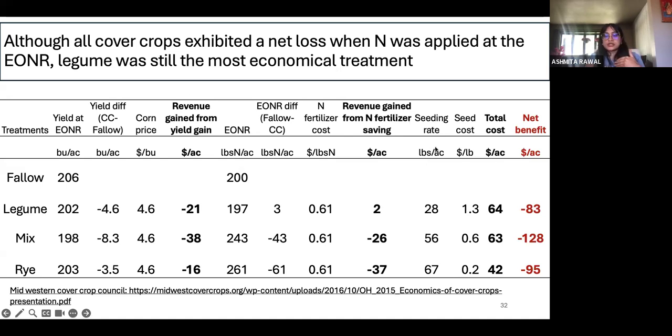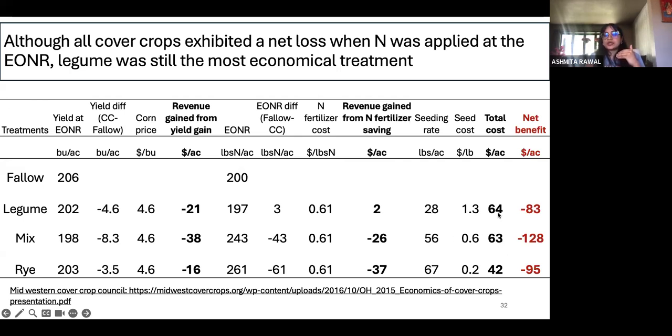So this is our cost, which includes the total cost, including the cost of seed, which is higher for legume, and we average this cost for hairy vetch and clover together over here. And to get the cost of seed for mixture, we used the seeding rate of legume and rye that was used in the mixture, which was slightly lower than legume in monoculture and rye in monoculture.